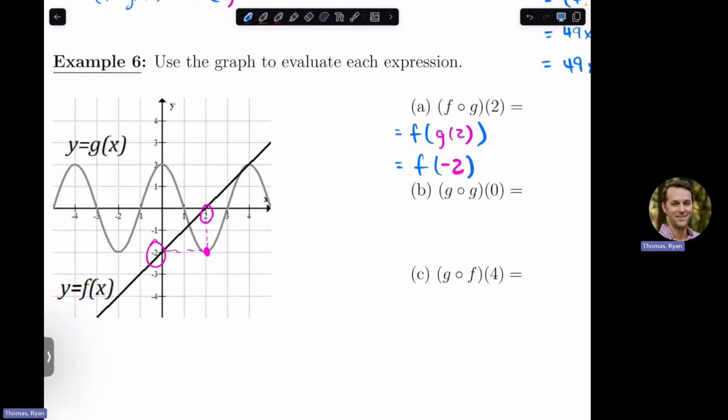Wait, I can't tell if you're saying f or x. Okay, f, right. F's x value is a very confusing thing to hear, yes. So the x value that we have is negative 2. And what we want to do is look up what the function called f does for negative 2. So here's negative 2. Here's f. So the final answer is negative 4.